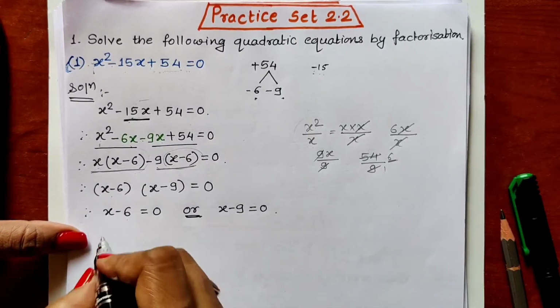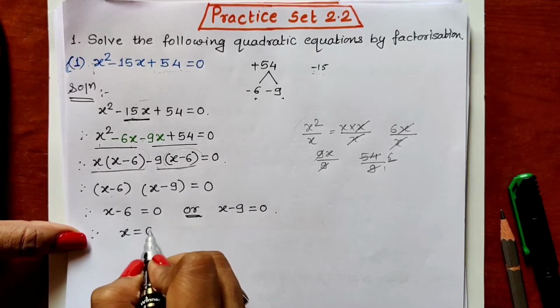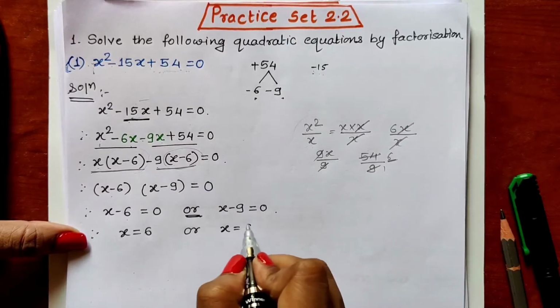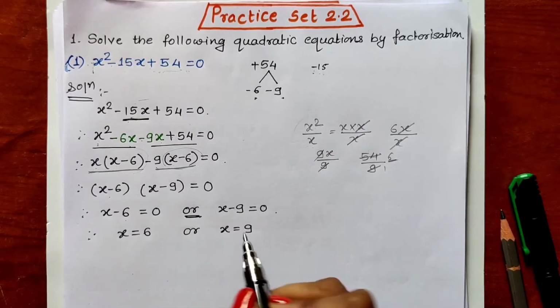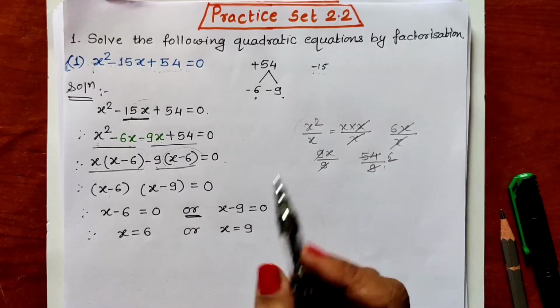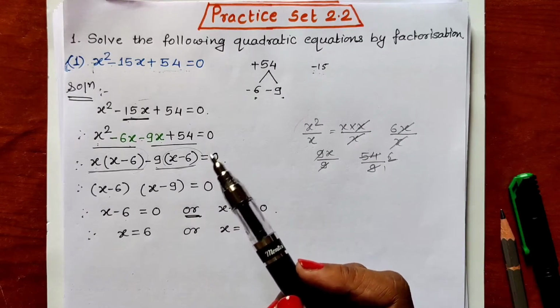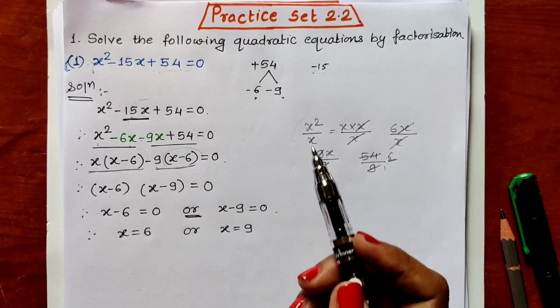Now this minus 6 we bring to this side, and we get x is equal to plus 6, or this minus 9 we bring to this side, and we get x is equal to plus 9. In this way we have got two values of the variable x. We all know from the first lesson that solving any equation means getting the value of the variable from that equation.